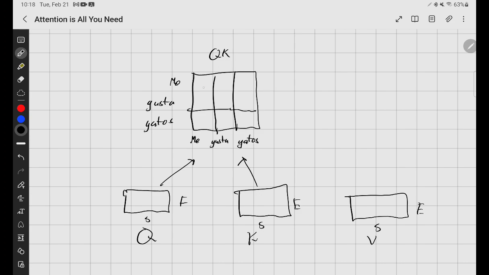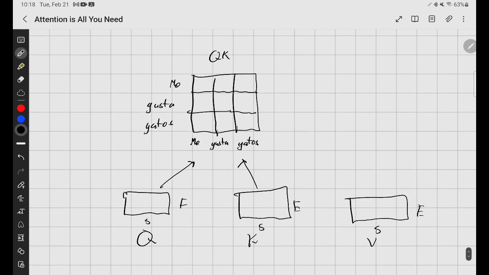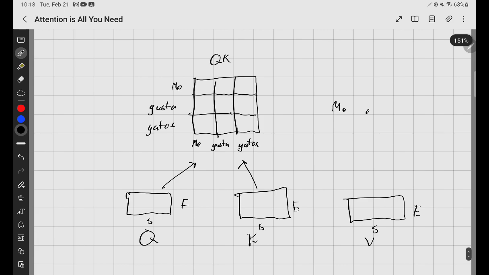In this case it would be Spanish because we only care about the decoder part. The encoder part needs to know all the information. If I were to give it the word me, it doesn't know about the words gusta and gatos until it generates them. So if I just had the sentence me, we don't want it to look at the future, because that would kind of be cheating.